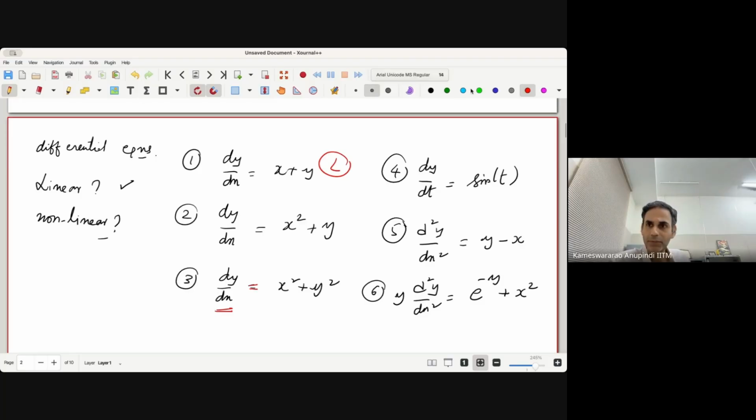If something is a linear equation in a differential equation, then we will not have products of the dependent variables.